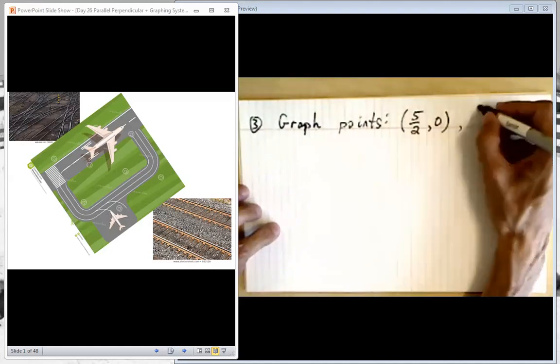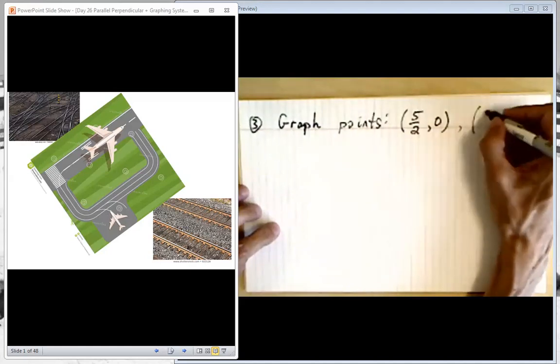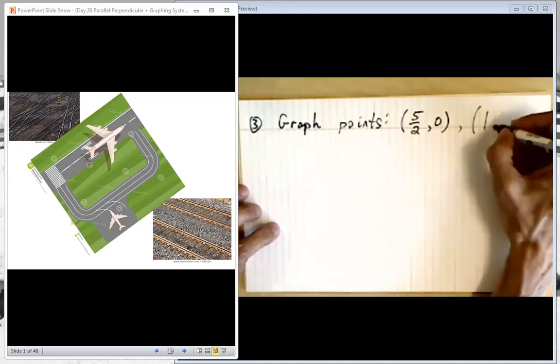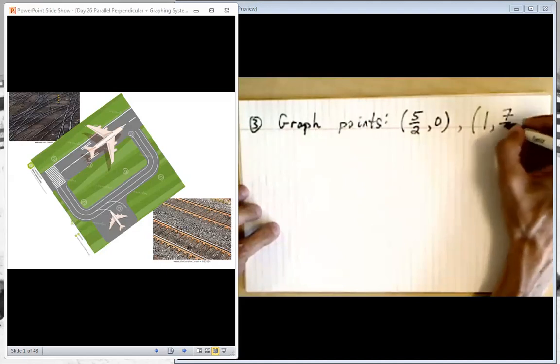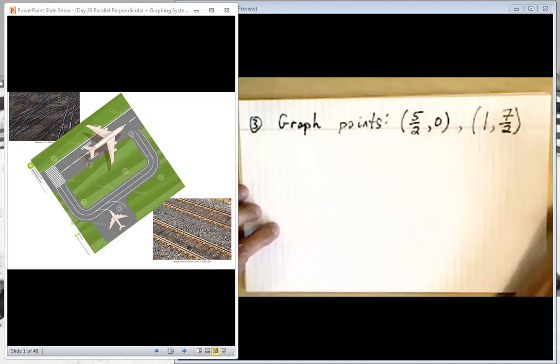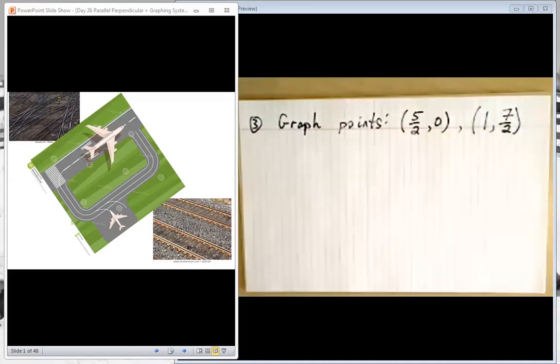Graph the point 1 and 7 over 2. That's good enough, just those two to start with.